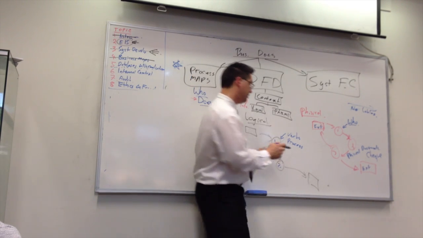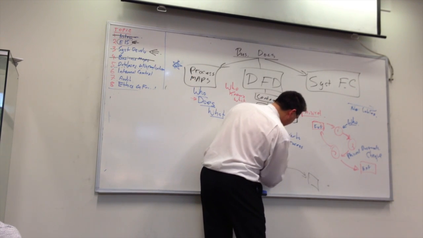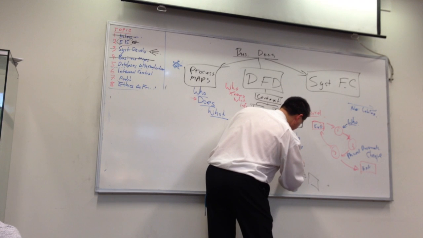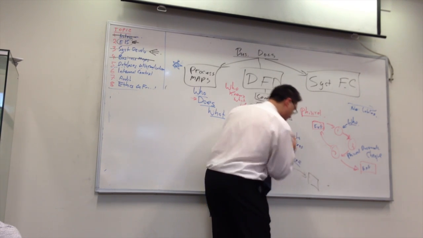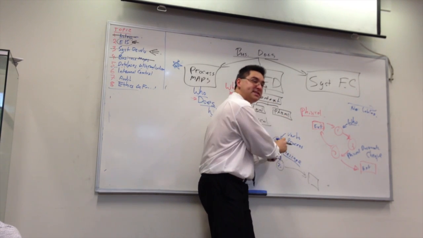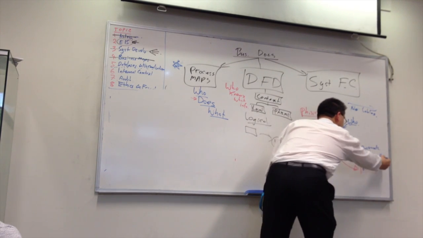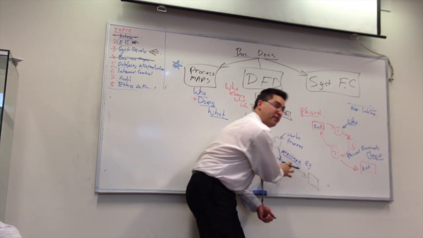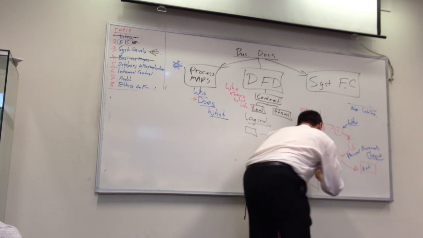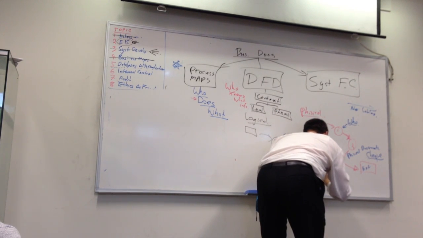So the arrows are messages. Not just a message, but what is the message? So, for example, here you have a check. On this particular version, I would call it payment details.